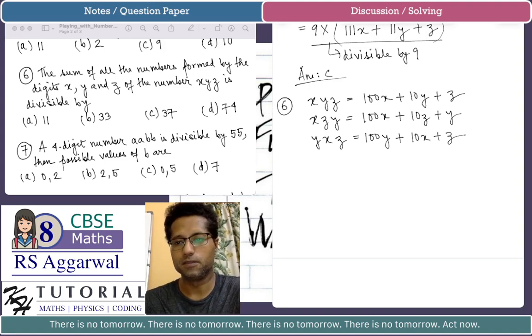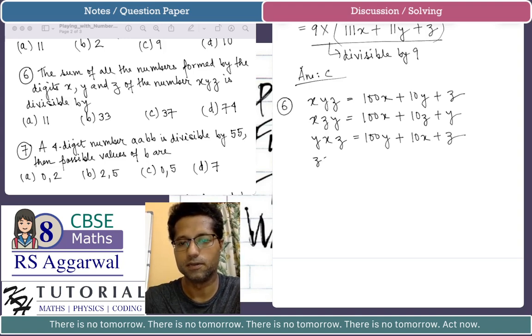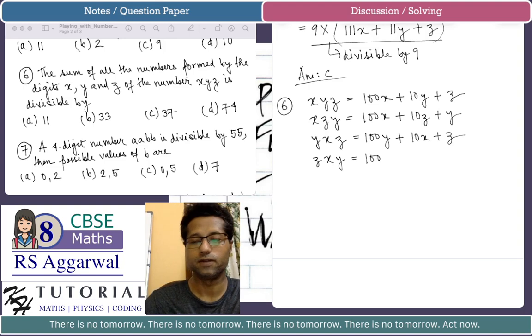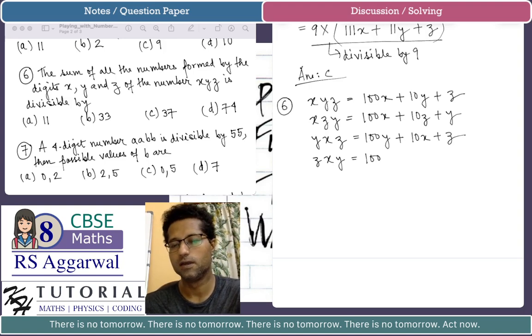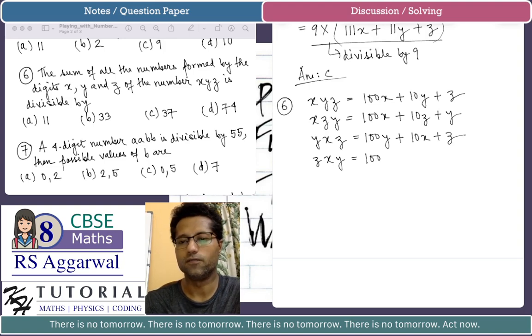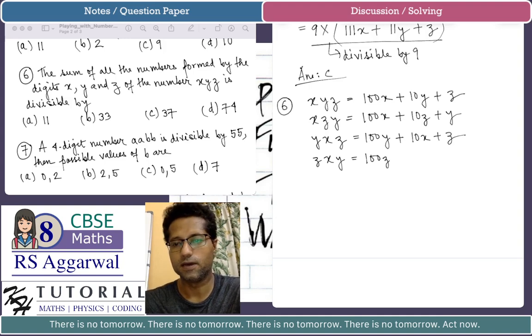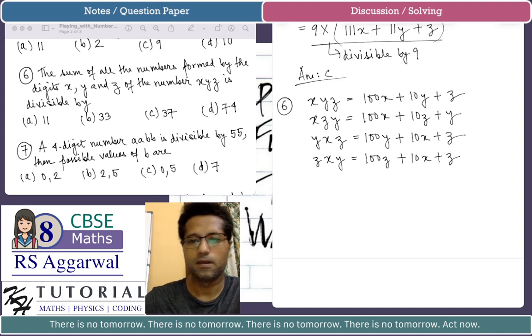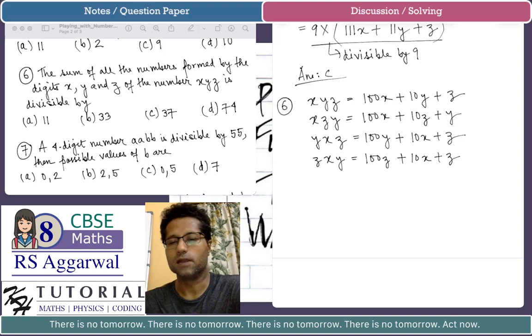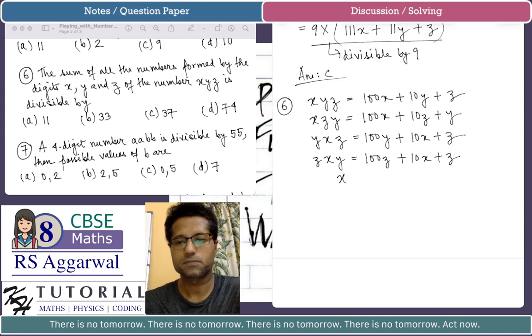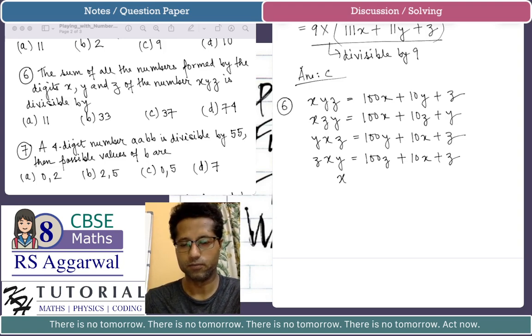Now keeping the position of x intact, change the positions of y and z. That will give another number, zxy, whose general form is 100z plus 10x plus y. On the left hand side I am writing all the different numbers possible from the digits x, y, z, and on the right hand side its corresponding general form. Now let's put x at the units place.